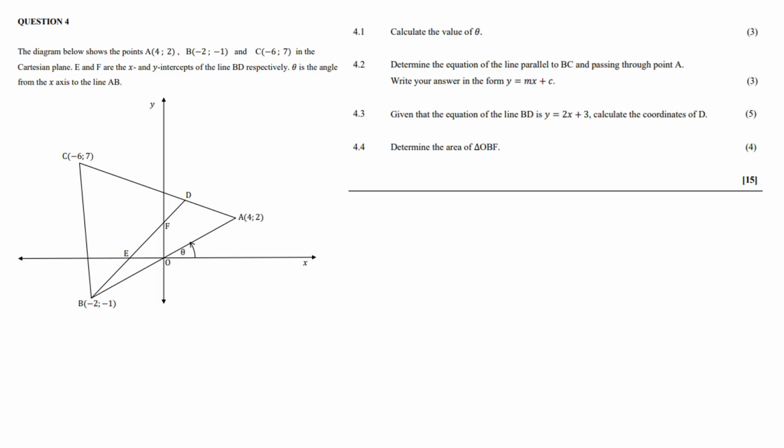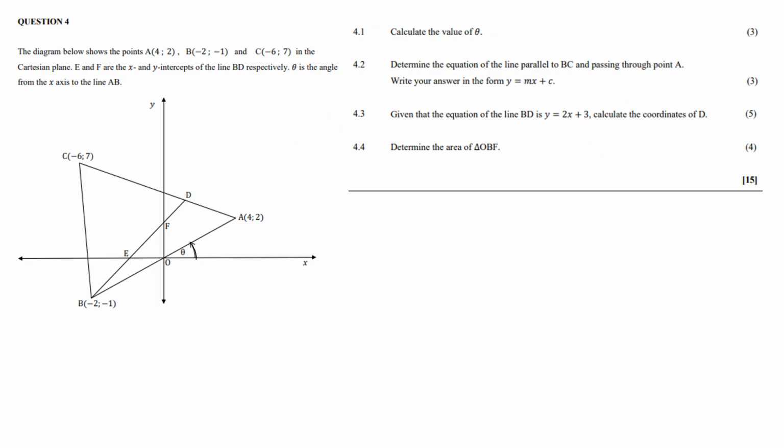On 4.1, they want you to calculate the value of theta. Look at this. What is theta? That theta is the angle of inclination. So how do we find the angle of inclination? This is the angle of inclination, and what is your equation? It's AB. So we need to know the gradient of that AB.